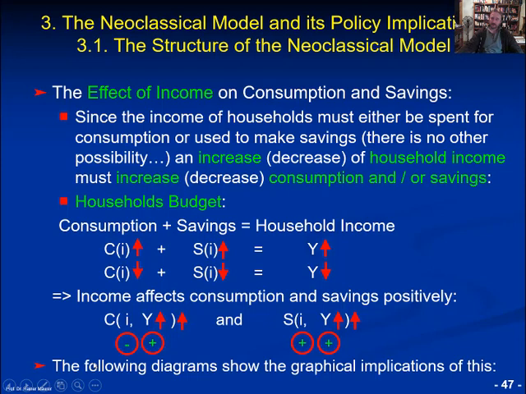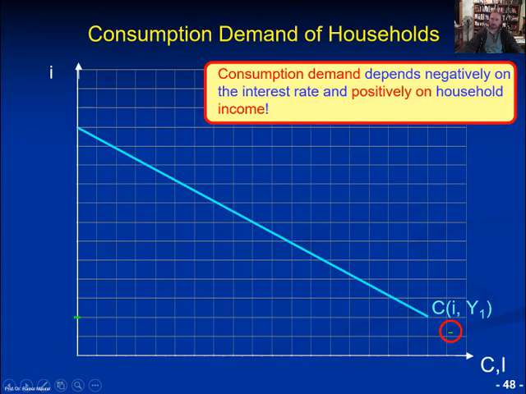The following diagrams show the graphical implications of this relationship. So, we transfer these considerations again to a market diagram where on the y-axis we measure the interest rate and on the x-axis we measure consumption.